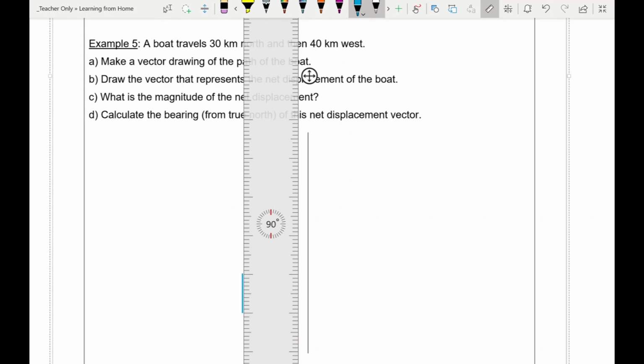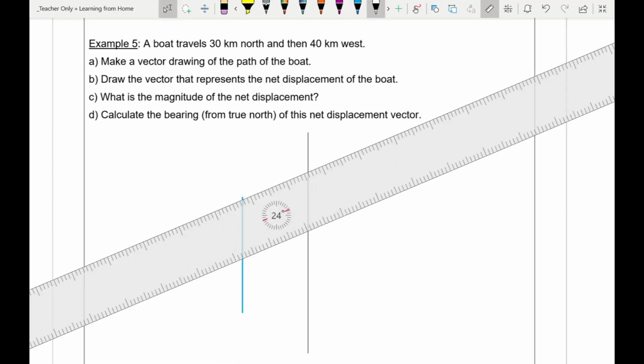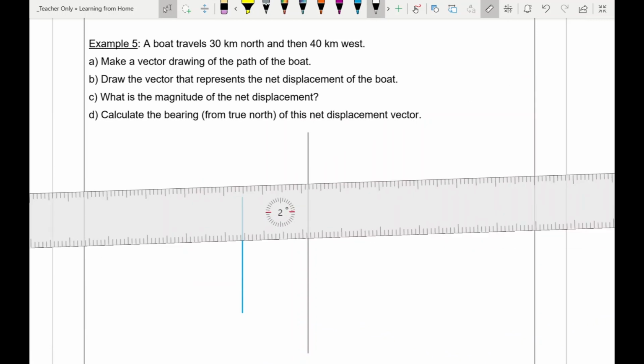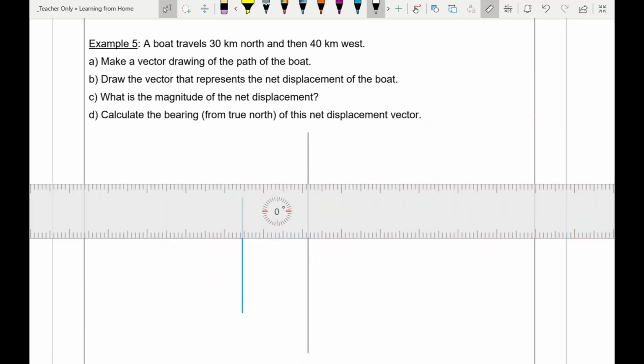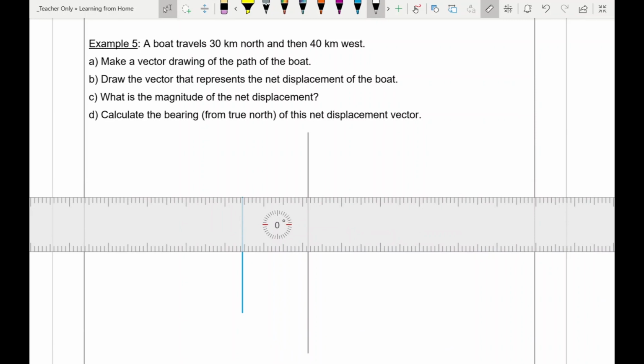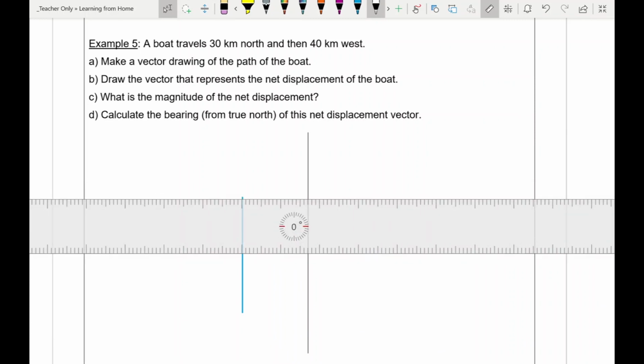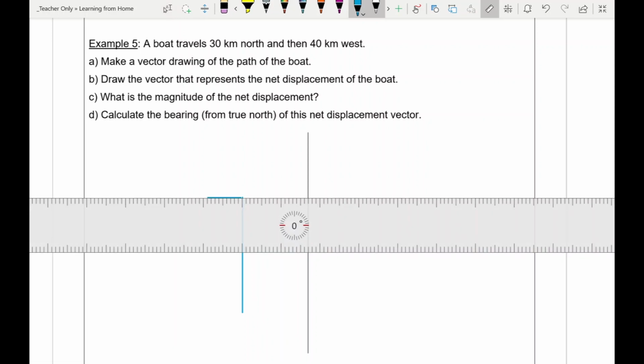So 1, 2, 3. And then we want 4 ticks for our westward direction. Let's try and line this up. 1, 2, 3, 4, just barely fitting it in.